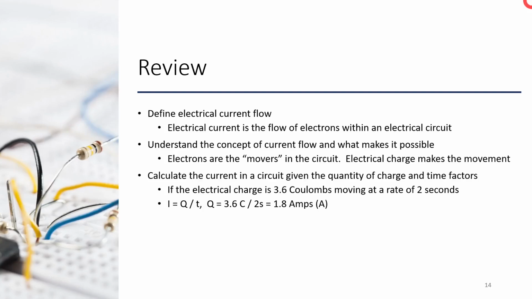And 2 seconds, our increment of time is seconds, and 2 was the given time. If we take 3.6 coulombs and divide it by 2 seconds, we're going to get 1.8 amps. And that is the amount of electrical current we would have for that much charge moving over that period of time.